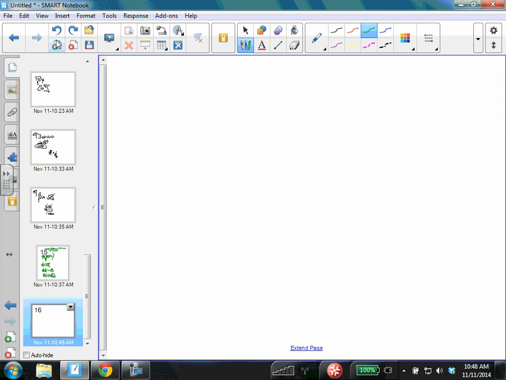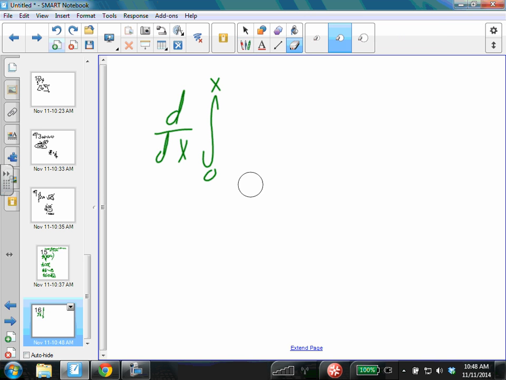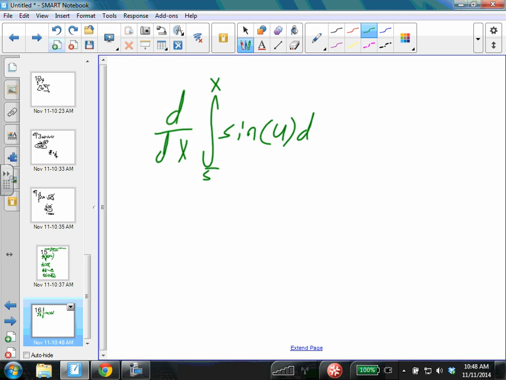Okay, so let's say I have something like this then. I'm going to use a different one here, 5. So I want to take the derivative with respect to x of the integral from 5 to x of sine of u du.